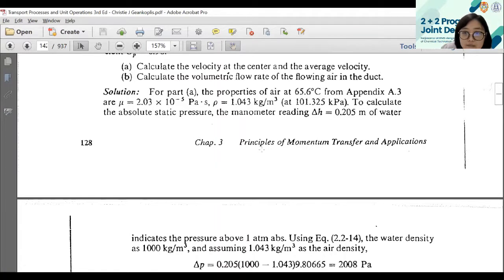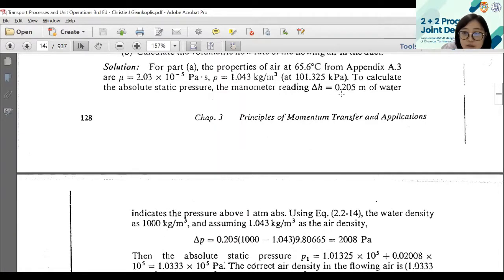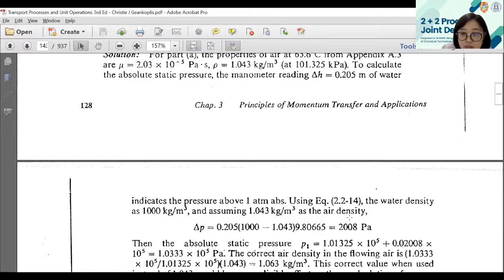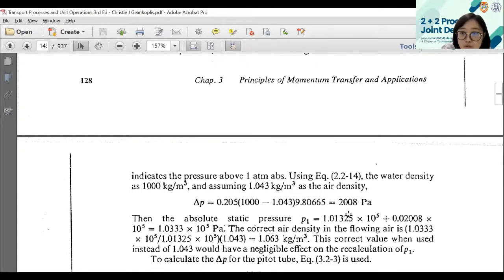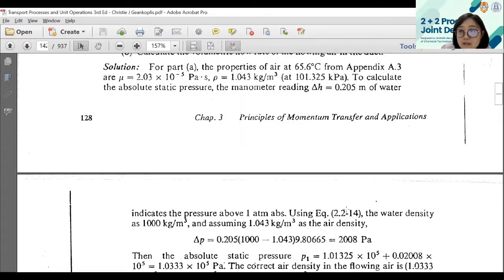Okay, so I will use equation 2.14, or I can just say that I will use the equation of rho water times g times delta H, minus rho air times g times delta H. The delta H is 205 because I need to change from millimeter to meter.